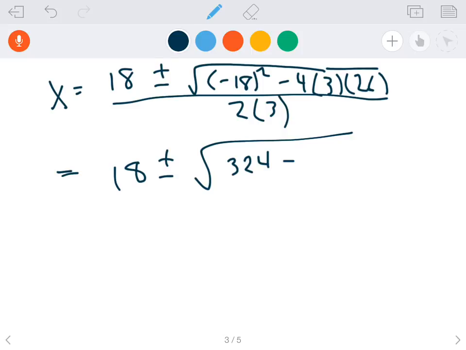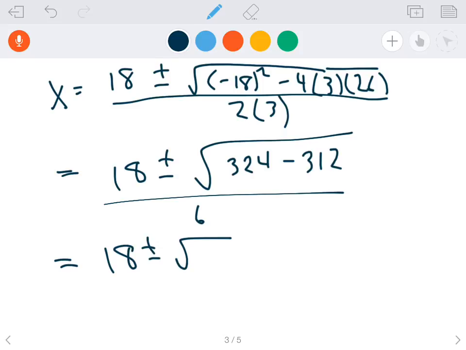12 times 26 over here on my scratch paper I've got is 312 over 16. So, sorry, just a 6. 2 times 3 is 6. Okay, so I've got 18 plus or minus the square root of 12 over 6, which is 18 over 6 plus or minus the square root of 12.